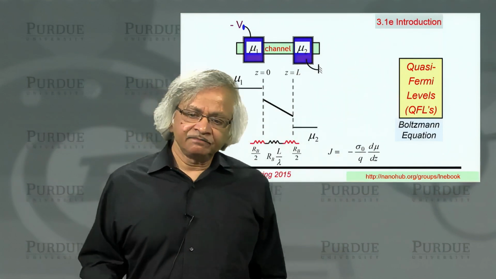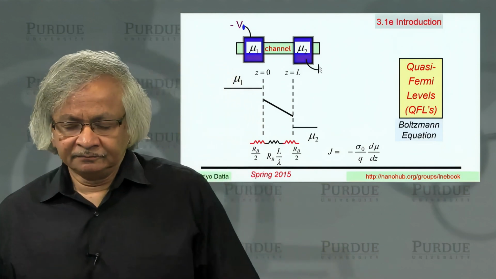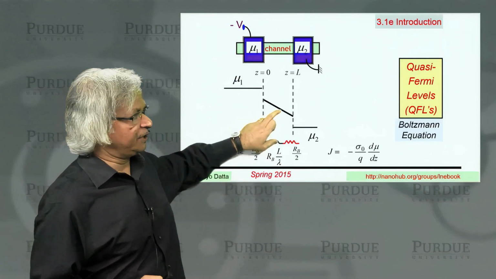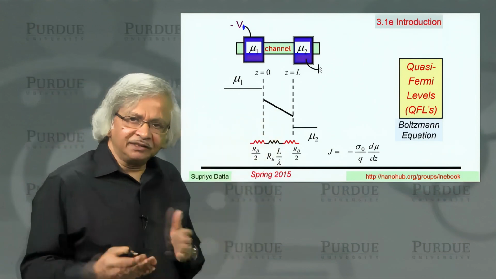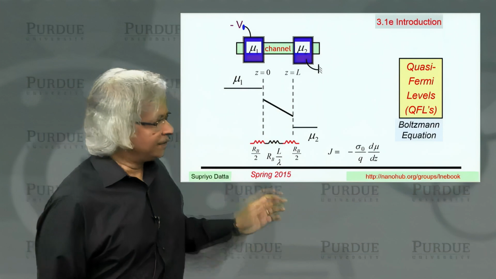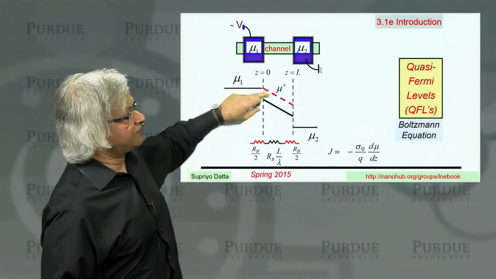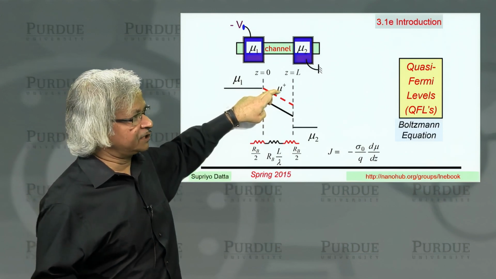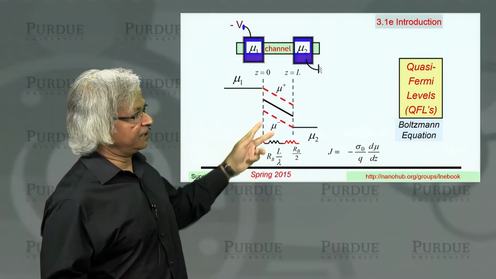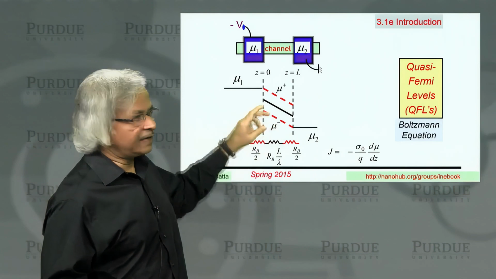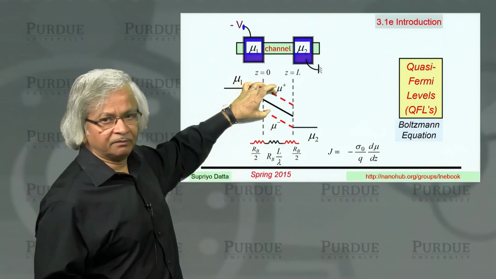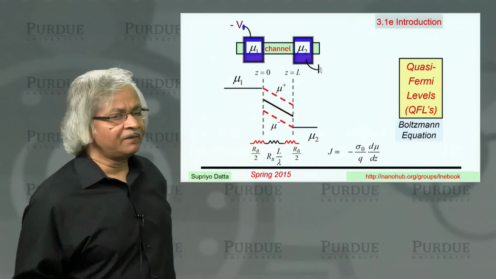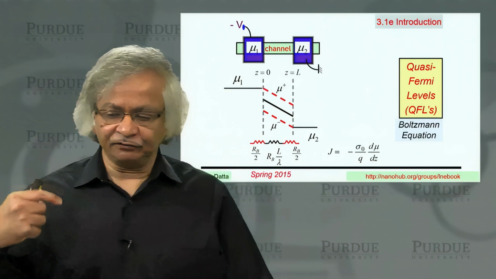The idea is that when you're out of equilibrium, you don't quite have a single electrochemical potential like I've shown here. More generally, you could have multiple electrochemical potentials. That is, in this context, it's as if the right-moving carriers have a different electrochemical potential from the left-moving carriers. Okay? And these are what you call quasi-Fermi levels. And when I draw a single electrochemical potential in the middle, this black one, what I really mean is the average of the two.